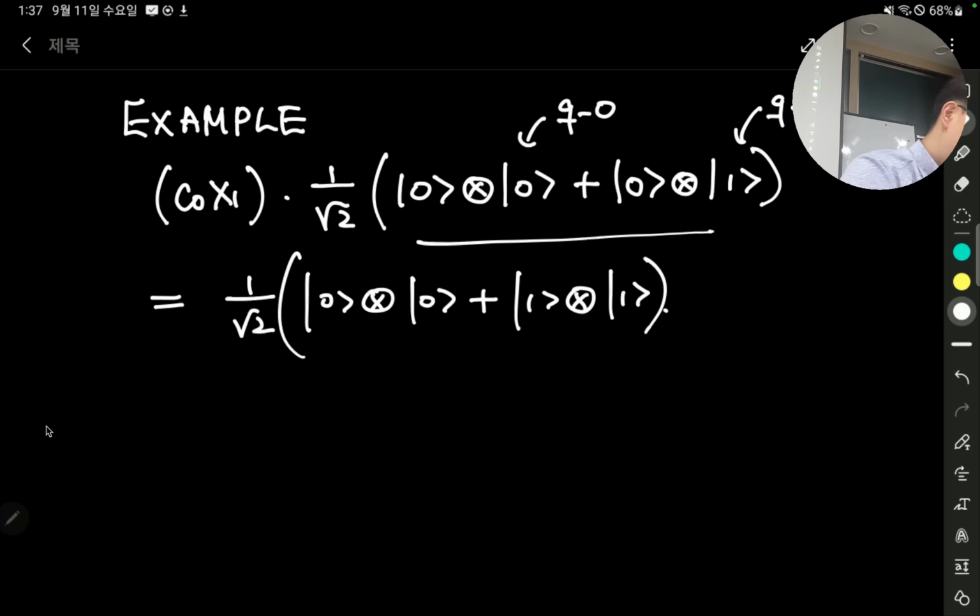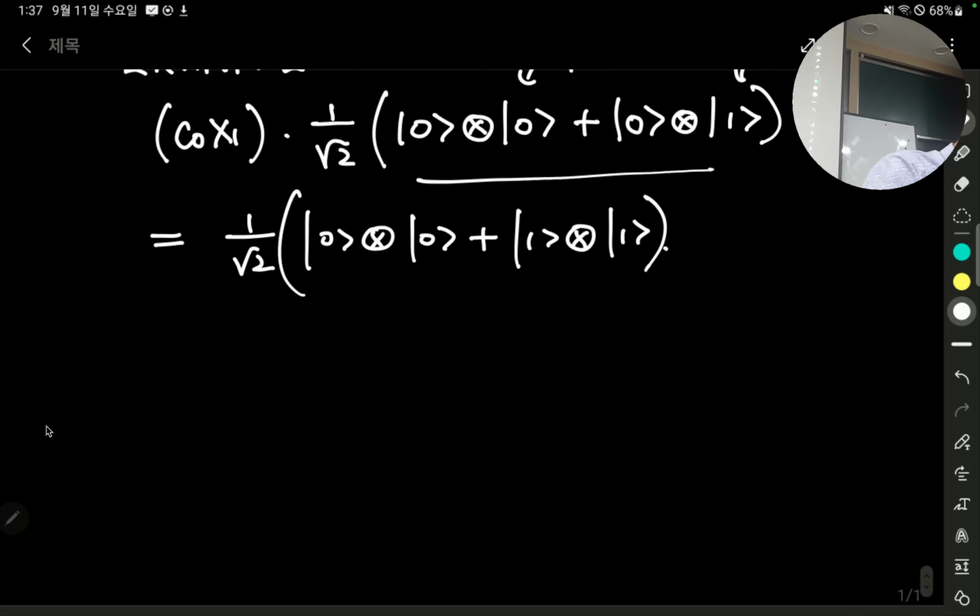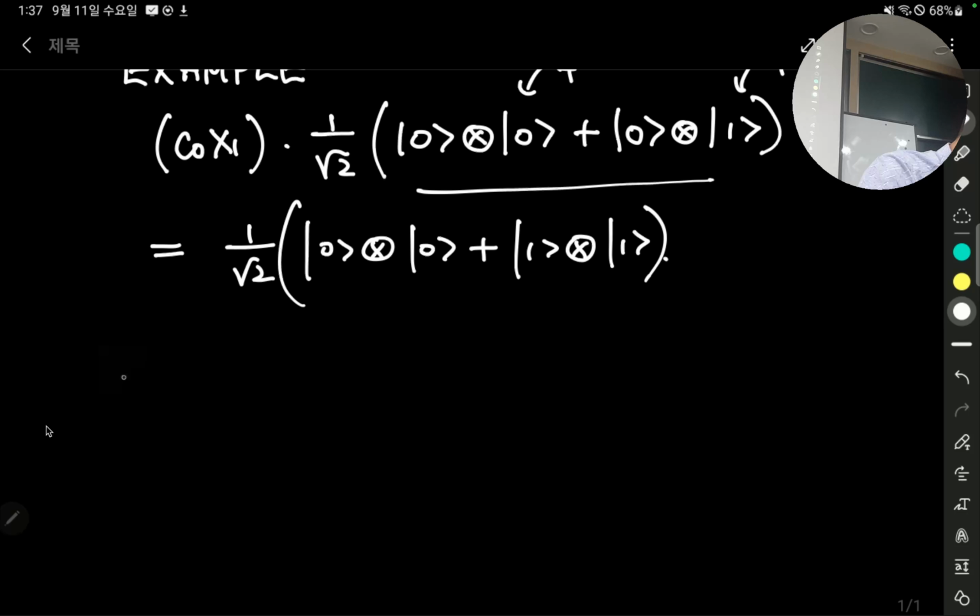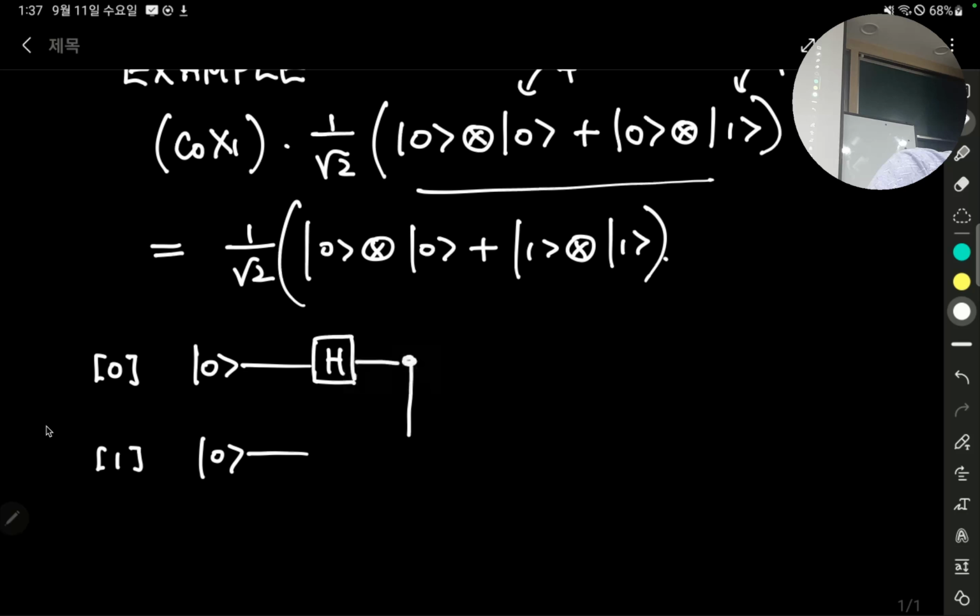So, okay, here's the circuit. Here's qubit 0 and qubit 1, and I start from ket 0 for both states, and I apply a Hadamard gate on qubit 0, and then apply a controlled X. Oh, by the way, the controlled X is often represented like this also.